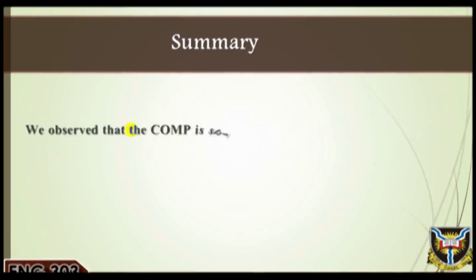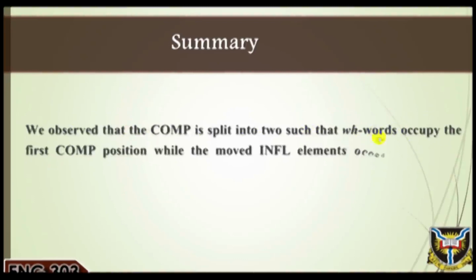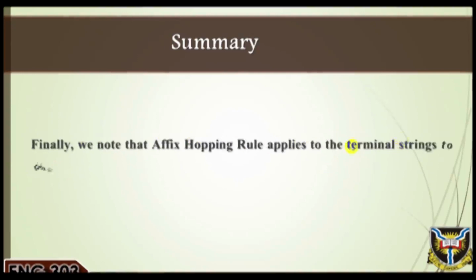We observed that the COMP is split into 2 such that WH words occupy the first COMP position while the moved INFL elements occupy the second COMP. Finally, we note that the affix hop rule applies to the terminal strings to derive the actual surface structure.